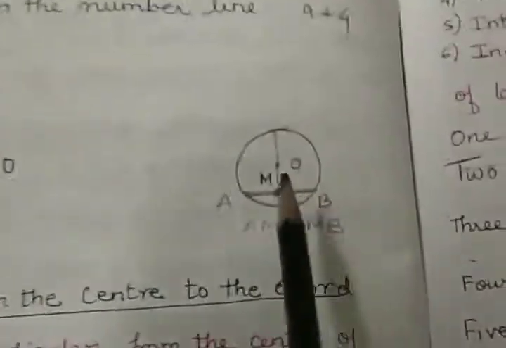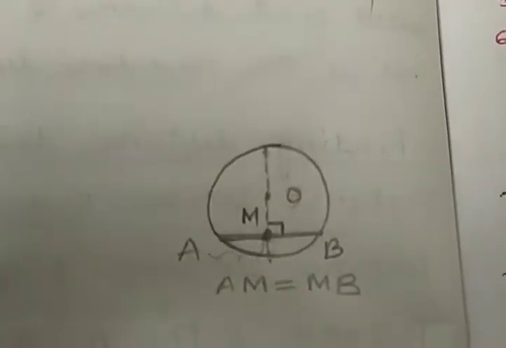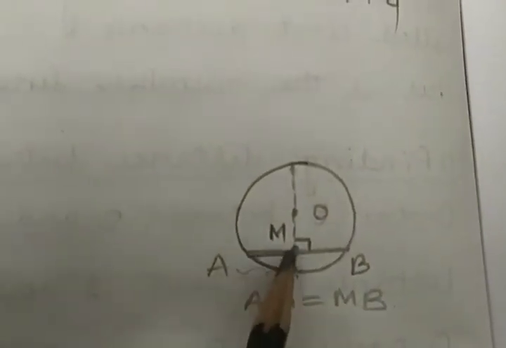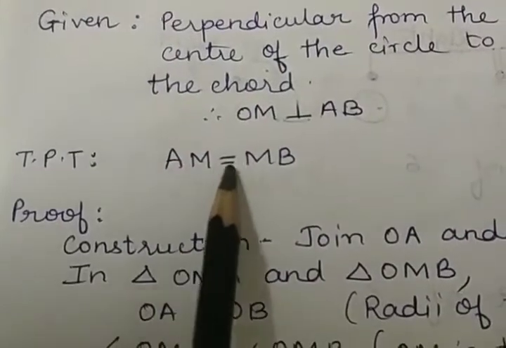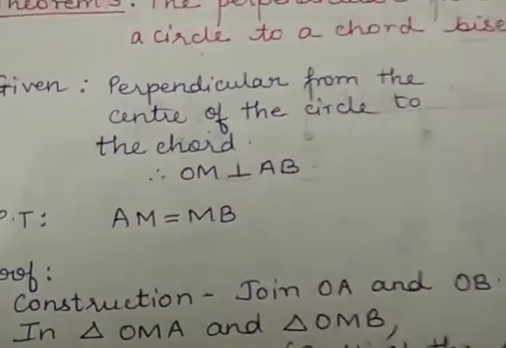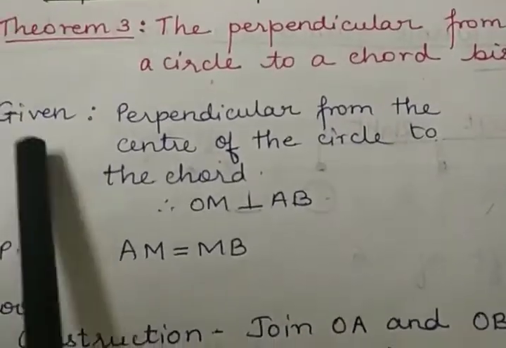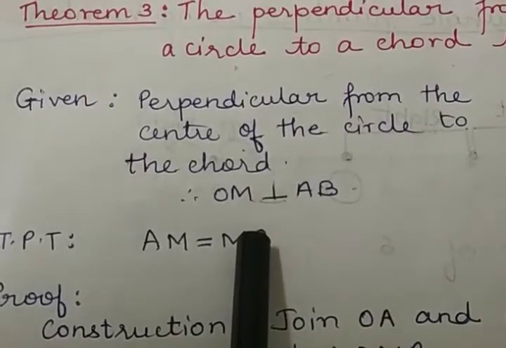What do I have to prove? I have to prove that this perpendicular bisects the chord, meaning AM is equal to MB. This is how you start the proof: first write down what is given, and then write what you have to prove.